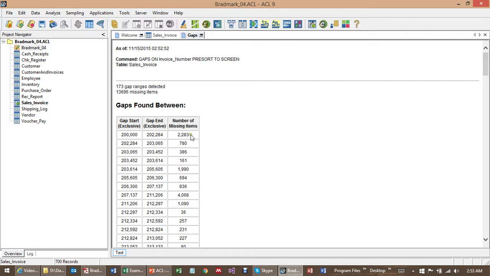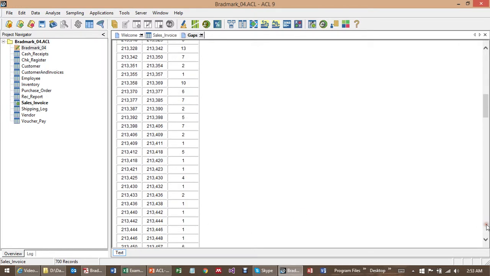Before that we have 2,283, 4,000 down here, 1,090. So this tells me that we are missing quite a few invoices and there is no real explanation for them. So we need to go and find out why we have these invoices missing.